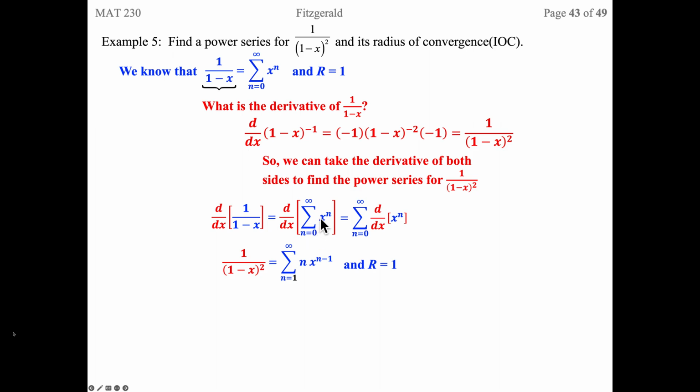N equals 0, x to the 0 power is a 1. So when we take the derivative of that 1, we lose a constant. So now we have to change our n equals 0 to a 1. And the derivative of x to the n is n times x to the n minus 1. And our radius is still a 1, because when you take the derivative or you integrate, your radius stays the same.